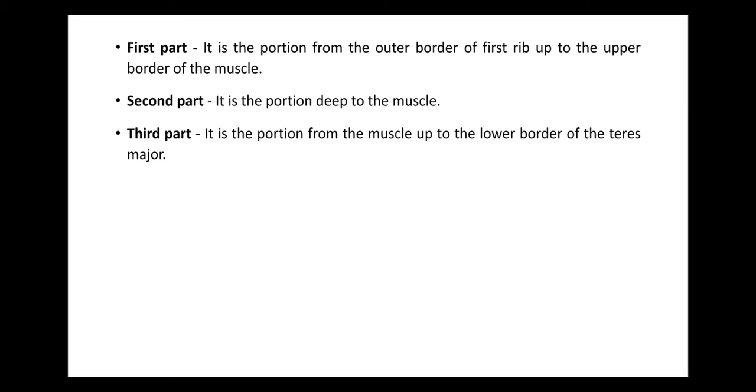First part is the portion from the outer border of the first rib up to the upper border of the muscle. Second part is the portion deep to the muscle. And third part is the portion from the muscle up to the lower border of the teres major.